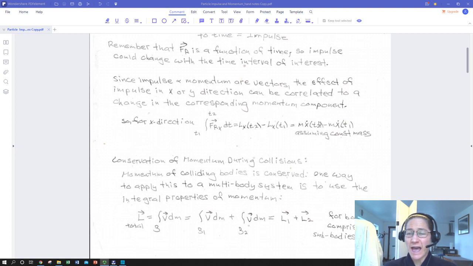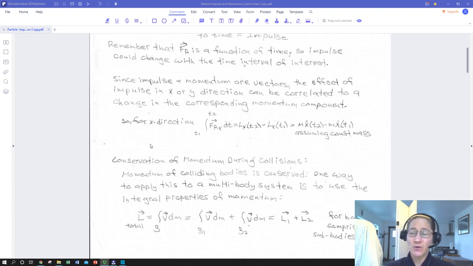Now, of course, if we had something where the mass was constant, which we're going to assume for most of these problems, because linear momentum is equal to mass times velocity, we would also be able to deduce the change in velocity for a constant mass if we could integrate that force resultant over its time of application. So very, very useful, this concept of impulse being equal to a change in linear momentum in each vector direction.